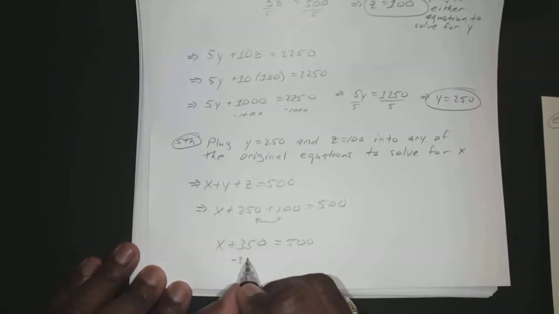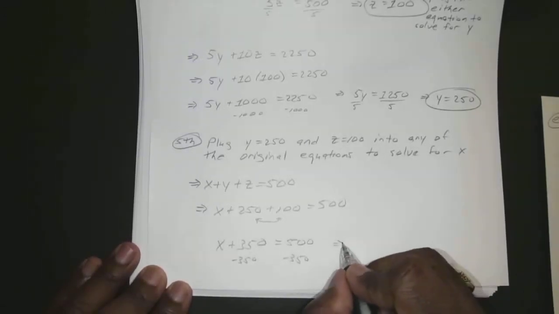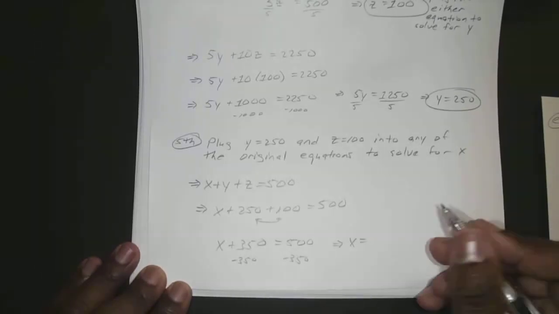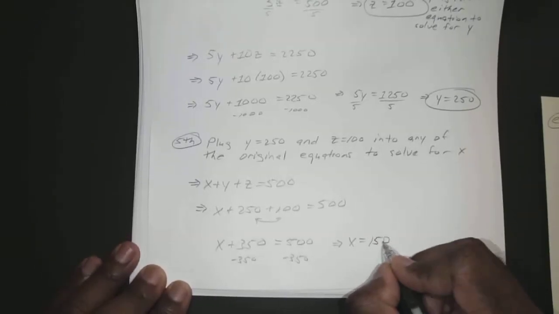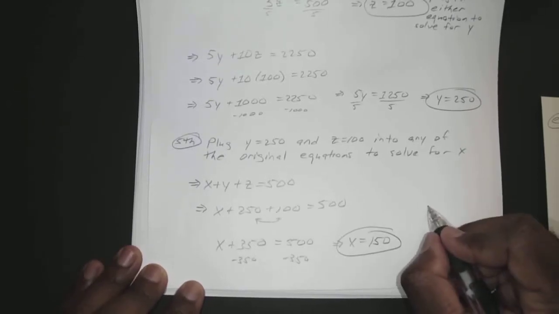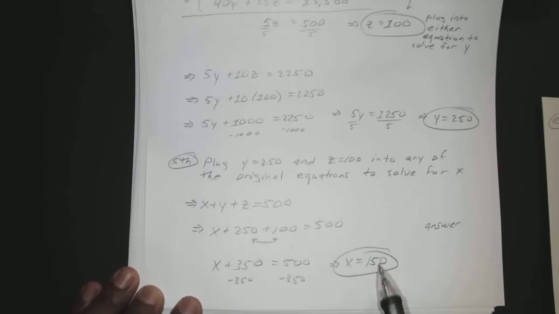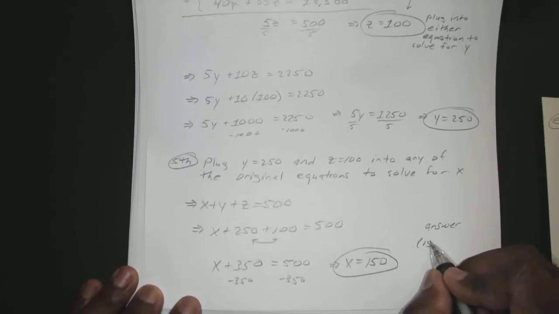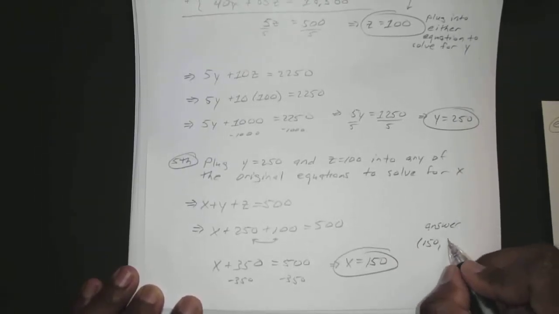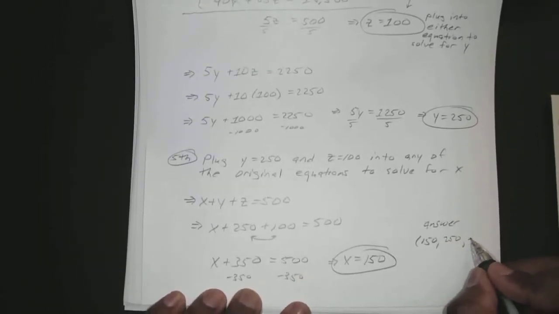If we subtract 350 from both sides, you have x equals 150. So your answer will be x is equal to 150, y is equal to 250, and z is equal to 100.